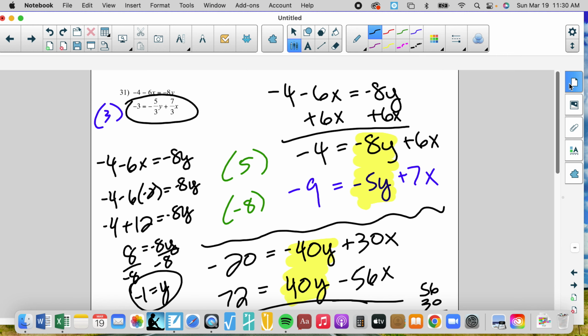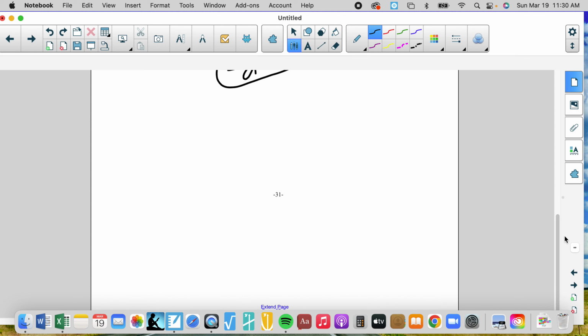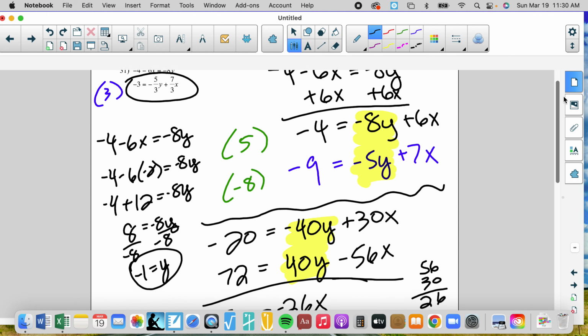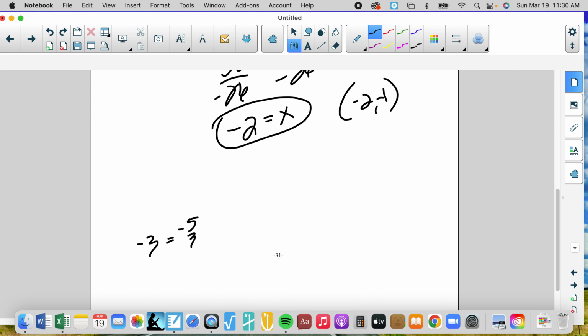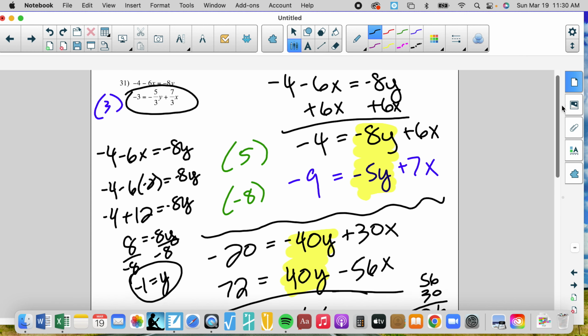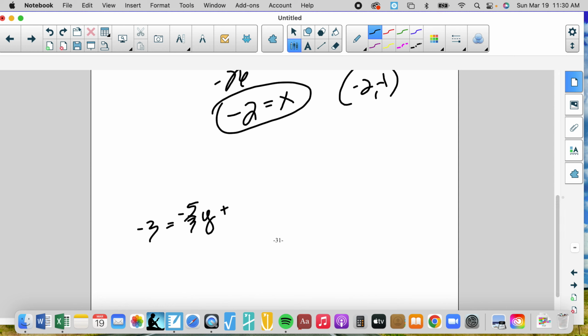So my equation is -3 equals -5/3 y plus 7/3 x. And I'm plugging in -1 for y and -2 for x.